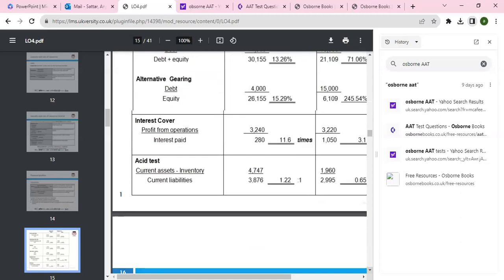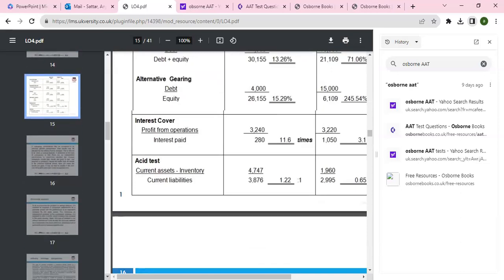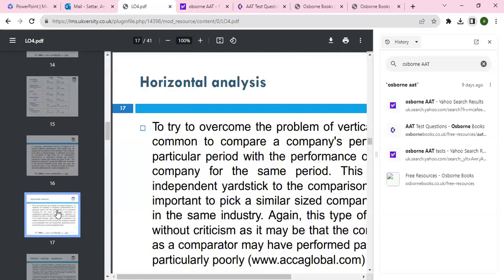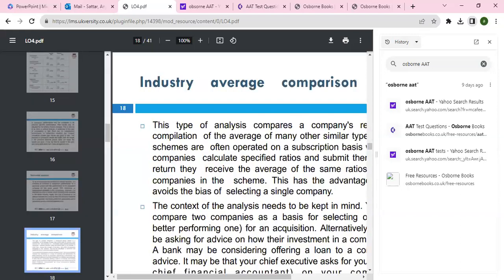The interest cover ratio and asset test ratio are quite good for Anika compared to Papika. So on the basis of these ratios we can make a decision about which company to invest in, and we can use various types of analysis. We can look at company performance from one period to another, and we already had some discussion in the past. We can look at the industry averages.